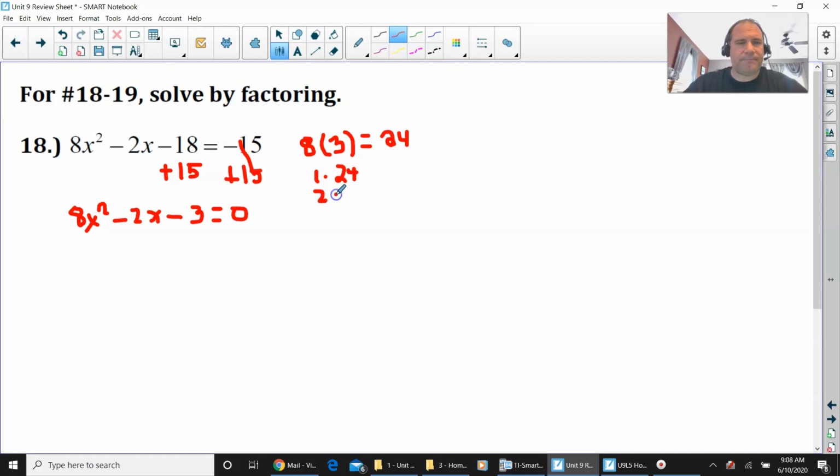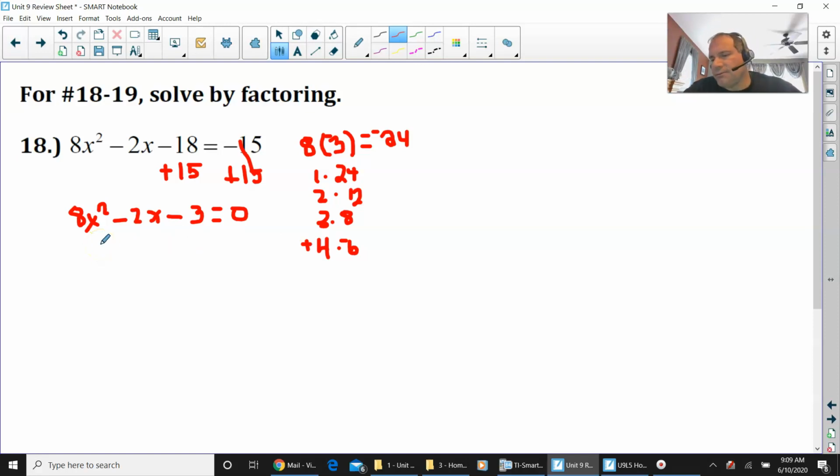No good. 3 times 8. No good. Almost. 4 times 6. Can you make a 2 out of that? Yes, you can. Can you multiply to a negative? So this is 8 times negative 3. So this would be a negative 24, right? So you can multiply to a negative and add to a negative 2 by making this negative and this positive. All right, so 4 times negative 6.